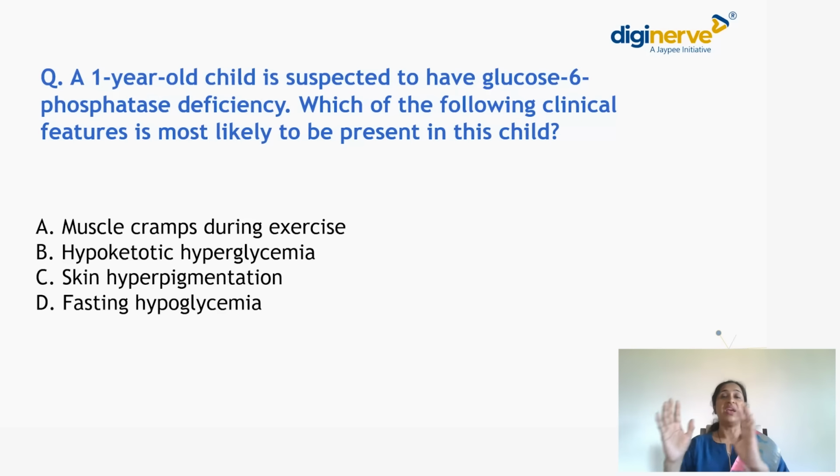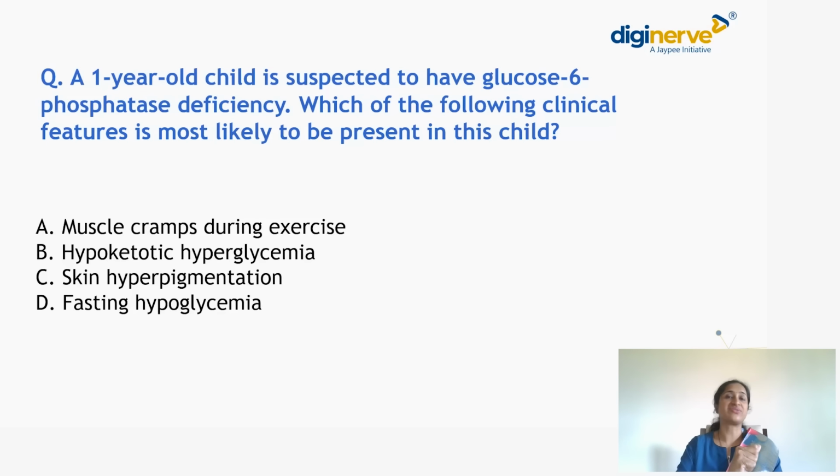So what does glucose 6-phosphatase do? It converts glucose 6-phosphate to glucose. So it's the last step wherein the glucose 6-phosphate gets converted to the available form, glucose, which is how the cells need this glucose. So this glucose 6-phosphatase is that enzyme.